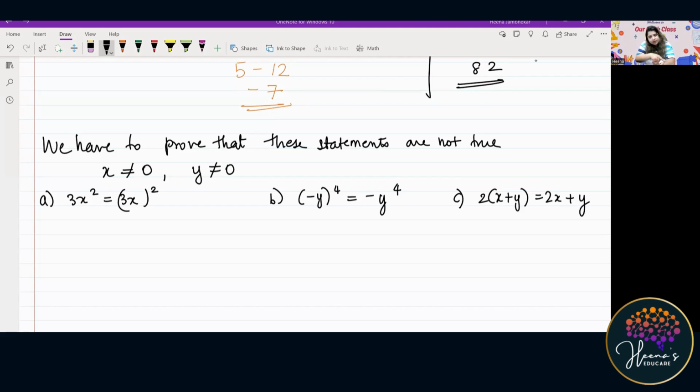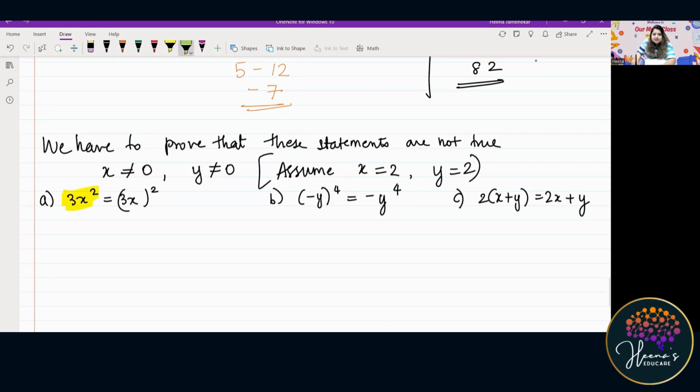So x is equal to 1 is okay, x is equal to 2 is okay, x is equal to 3 is okay, x is equal to 4 is okay. Similarly, y is equal to 1, y is equal to 2, but y or x should not be equal to 0. So I am assuming x is equal to 2 and y is equal to 2. Okay. Now, this is called as the left hand side.